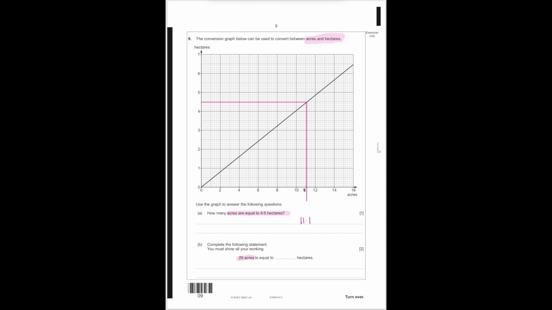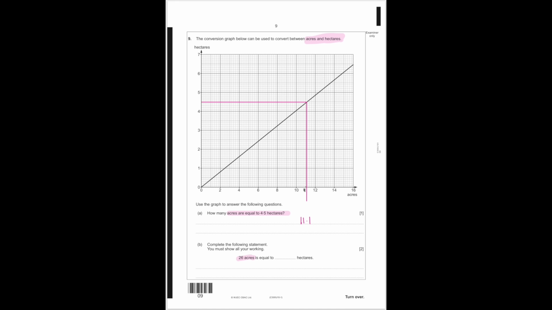Now, the thing we need to be careful of here is we can't do it exactly the same as we did that previous question. Because if we look at our axis for acres, it only goes up to 16 and we're interested in 26. So we've got a couple of options here. What we need to do is use a number of acres that we could then scale up.